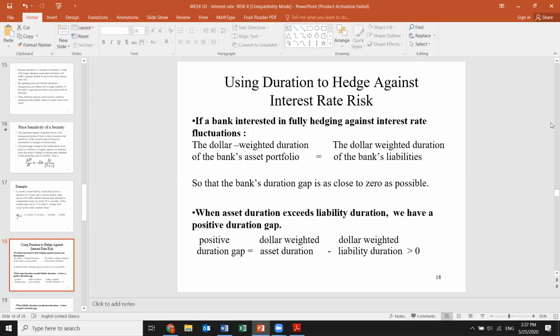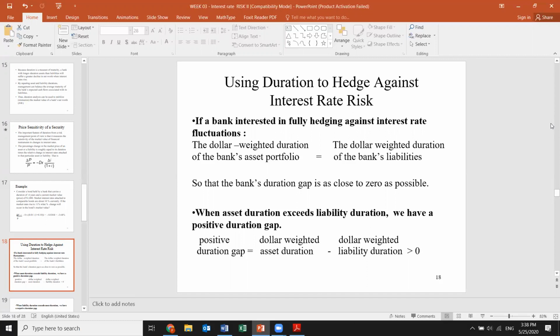So using duration to hedge against interest rate risk, if the bank is interested in fully hedging against interest rate fluctuation, then we have to use the dollar weighted duration of the bank's asset portfolio, which is equal to the dollar weighted duration of the bank's liabilities. So we need to immunize, we need to stabilize the durations.